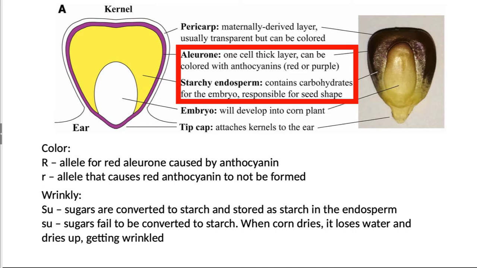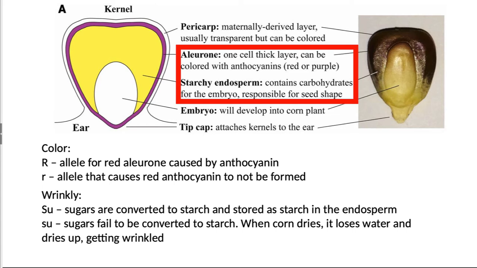The big R allele allows the corn kernel to produce anthocyanins in the aleurone, and because of those anthocyanins, we see the color as purple. Now, this gene allows the production and deposition of the anthocyanins.